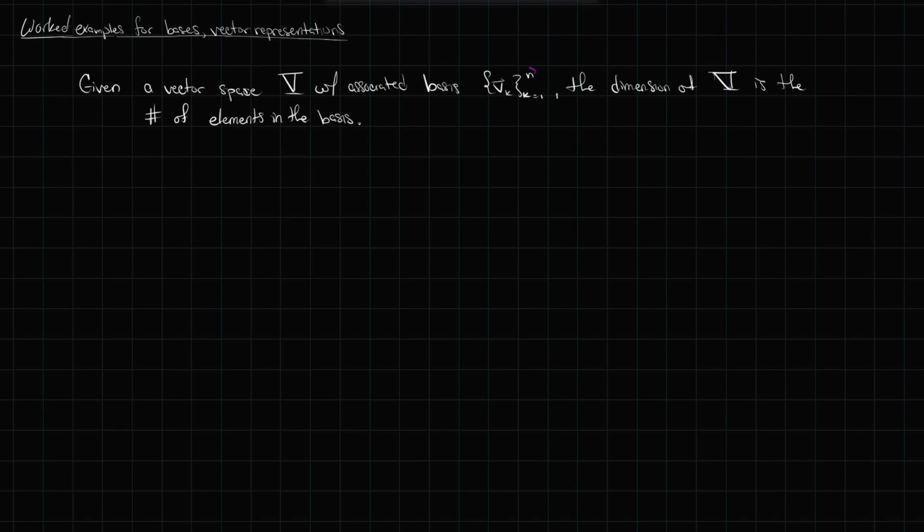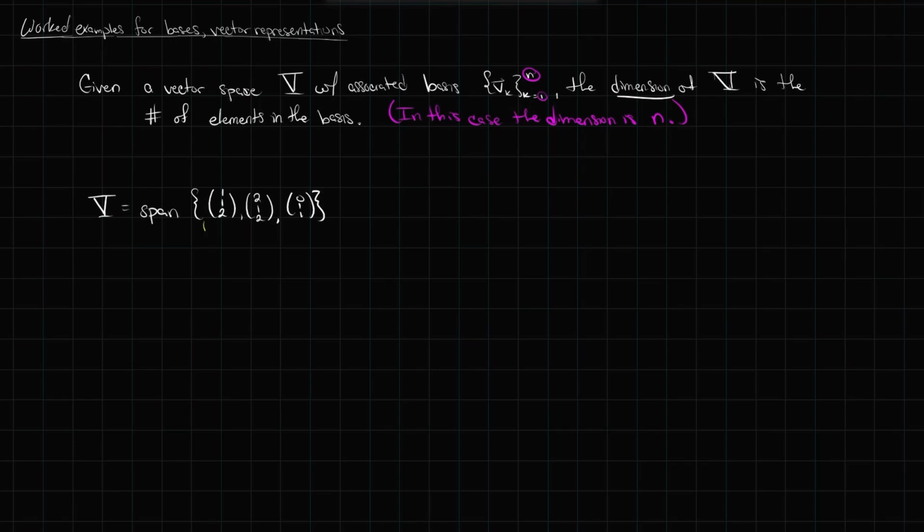So in this case, when the basis clearly starts at 1 and ends at n, the dimension is n. But in some other situations, suppose I define V to be the span of the vectors (1, 1, 2), (2, 1, 2), and (0, 1, 1).